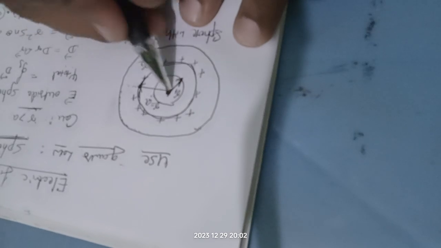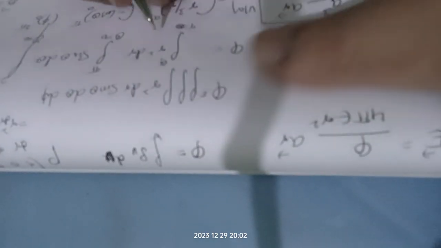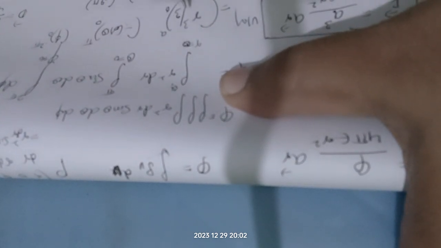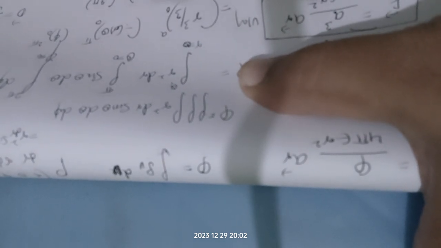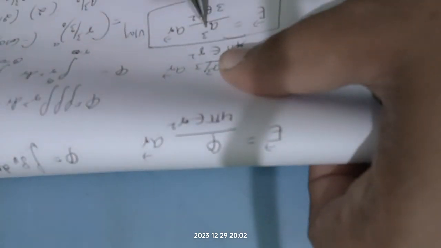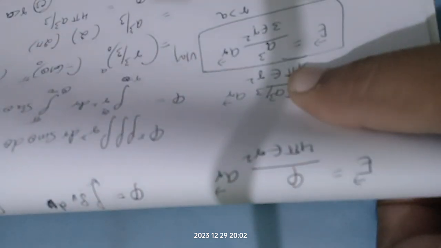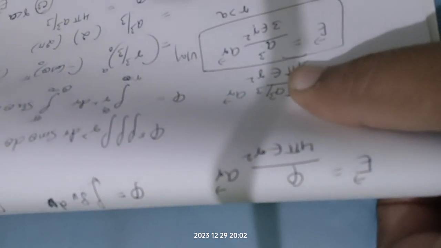R less than a is nothing but r only. So here instead of a, it becomes r. So it is going to be r only up to the last point. Once you get r here in this equation, it is r cube and r square, so you will end up with r. That is the only difference you will have.